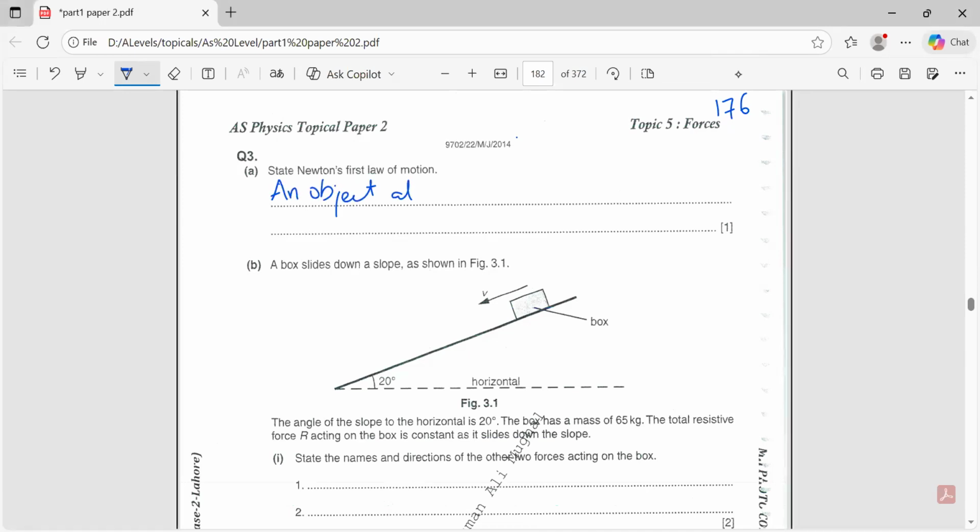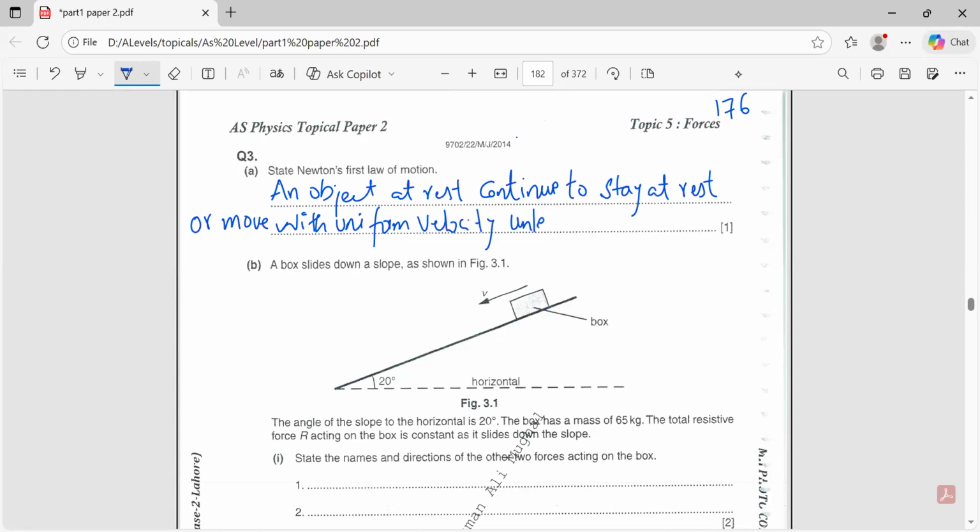An object at rest continues to stay at rest or move with uniform velocity unless acted on by a resultant force.